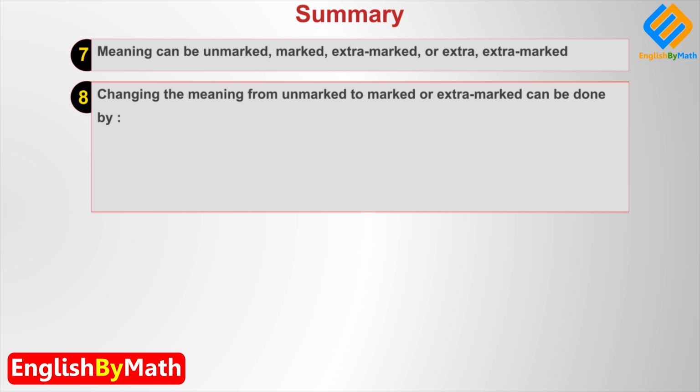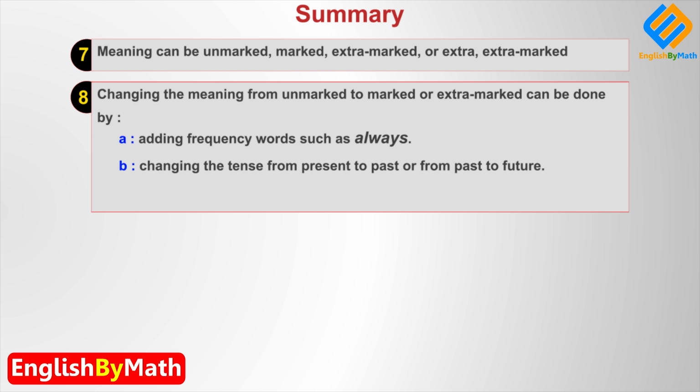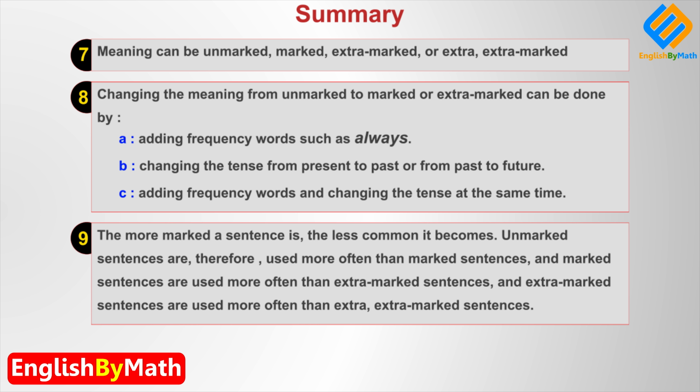8. Changing the meaning from unmarked to marked or extra marked can be done by A. Adding frequency words such as always. B. Changing the tense from present to past or from past to future. C. Adding frequency words and changing the tense at the same time. 9.